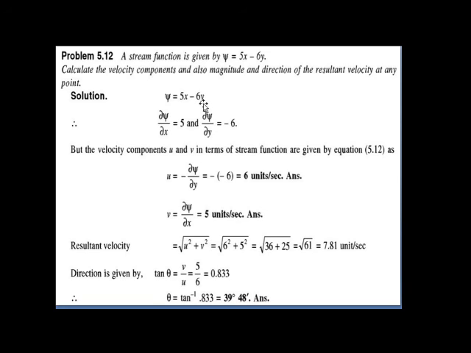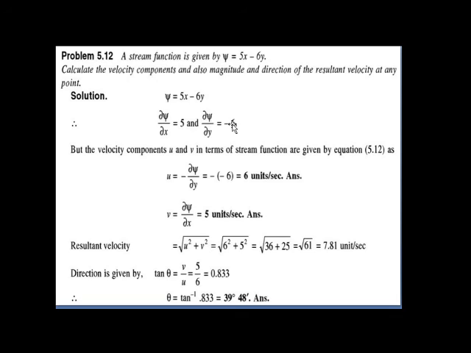As we know, the stream function is defined only for two-dimensional flow. So we first differentiate psi with respect to x and y. Dou psi upon dou x is equal to 5, and dou psi upon dou y is equal to minus 6.